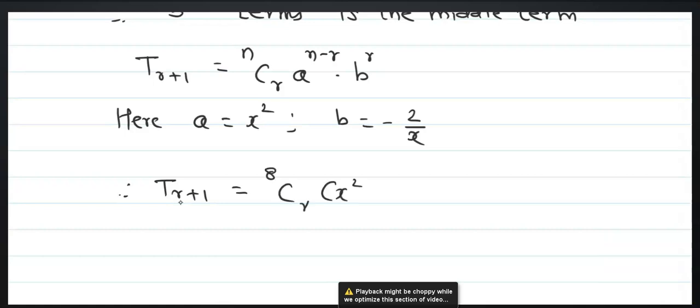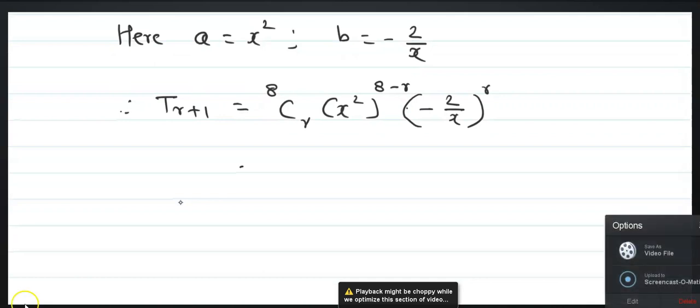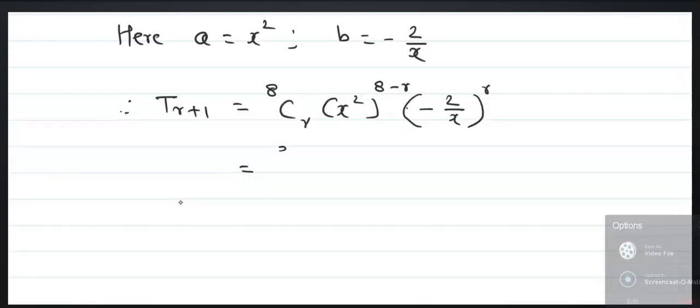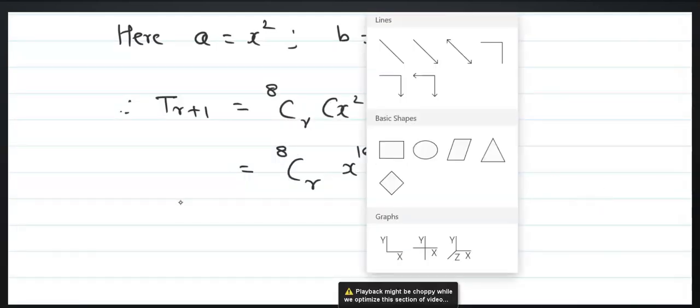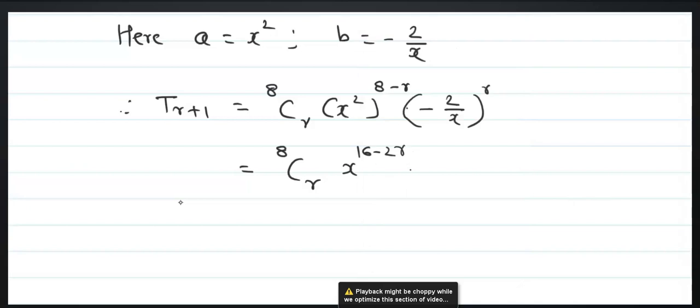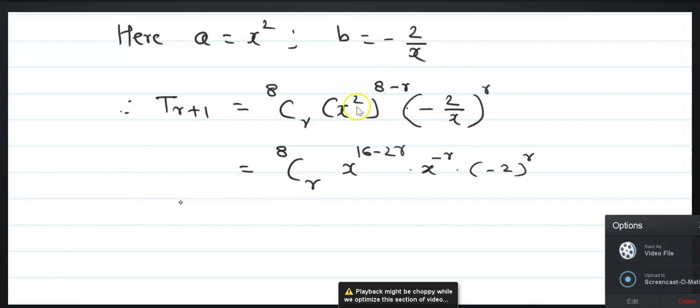Therefore, Tr plus 1 is equal to 8Cr (x square) bracket raised to 8 minus r and (minus 2 upon x) bracket raised to r. This is important. Now see this here. 8Cr, x raised to 2 and bracket raised to 8 minus r means x raised to 16 minus 2r.